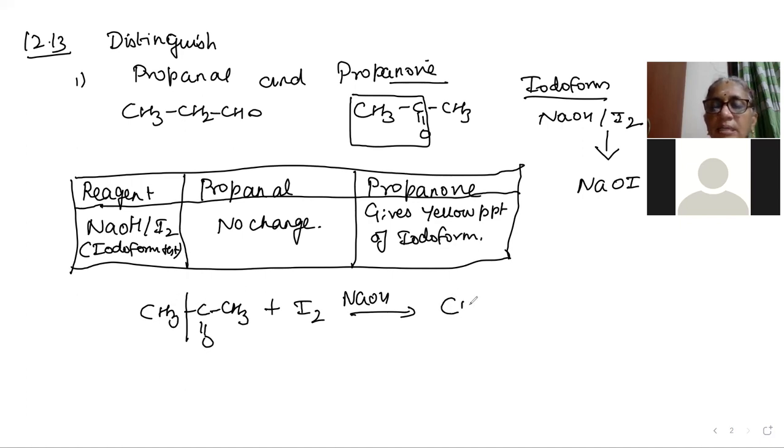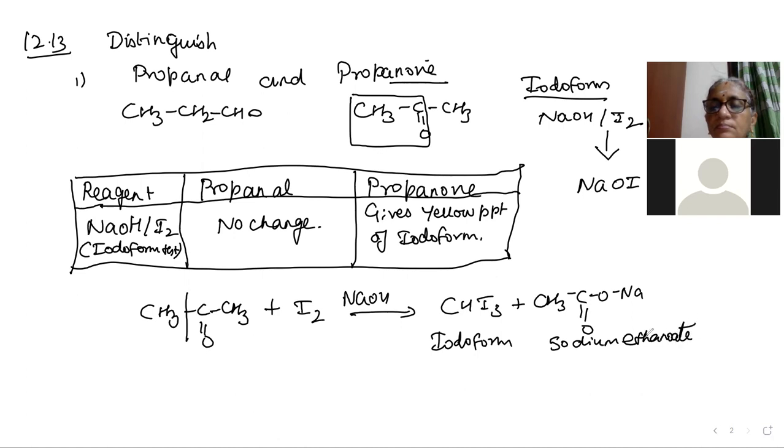So what do you get? CHI3 plus CH3 C double bond O, and this ONa attaches. Sodium ethanoate plus iodoform. Understood? This reaction can be used to distinguish.